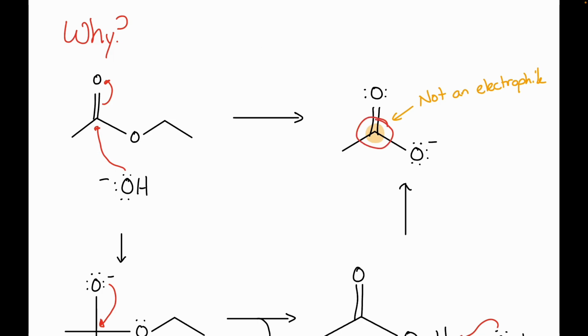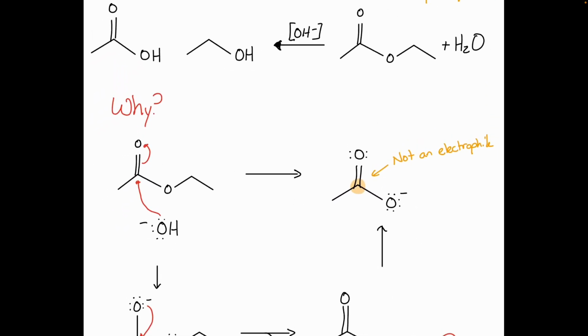So this is no longer going to be an electrophile. It's no longer left relatively electron deficient because of that extra negative charge that's on there, right? So under basic conditions, your carboxylic acid is going to be deprotonated, leaving it no longer an electrophilic carbon.